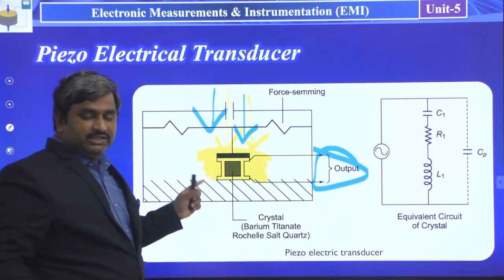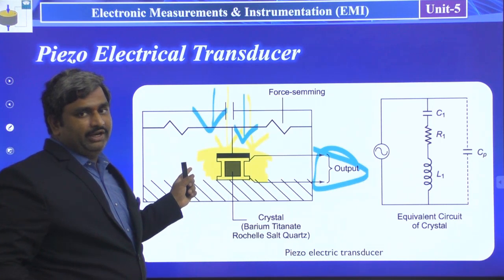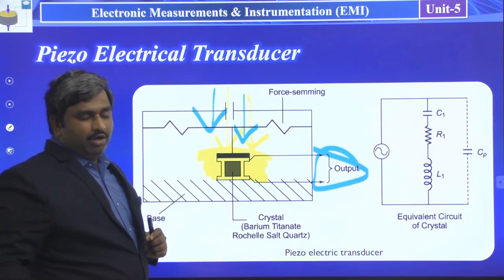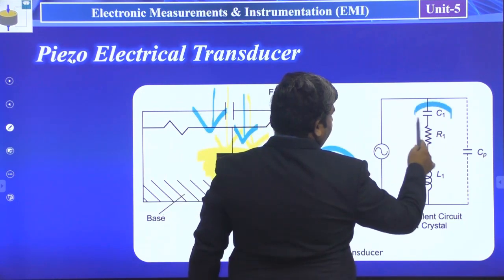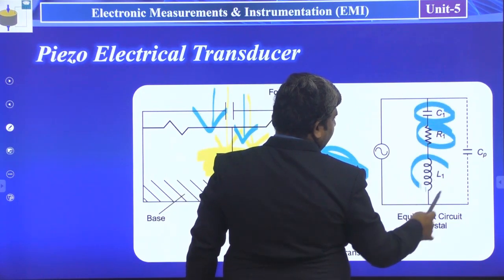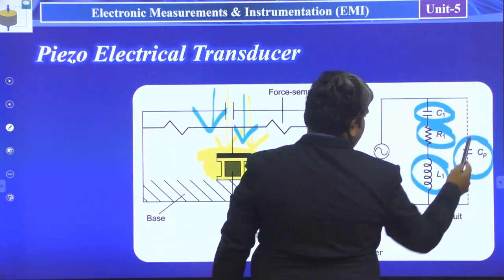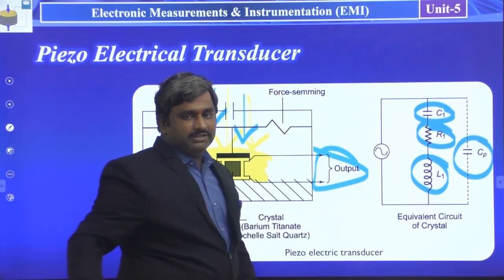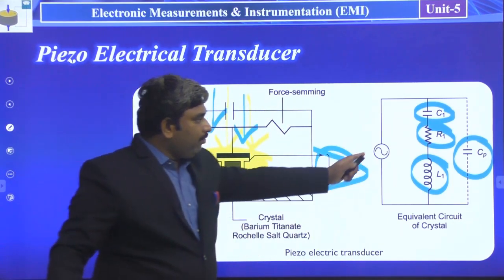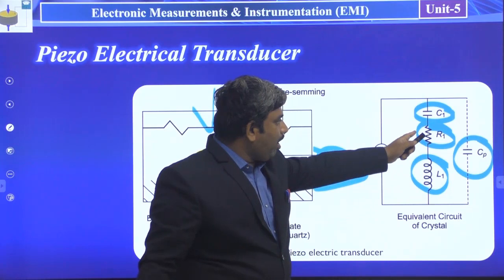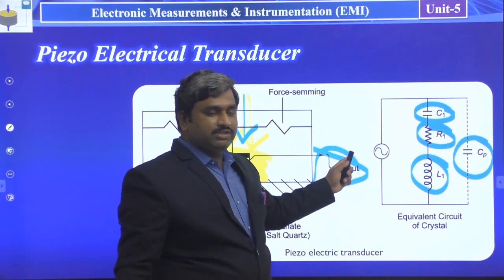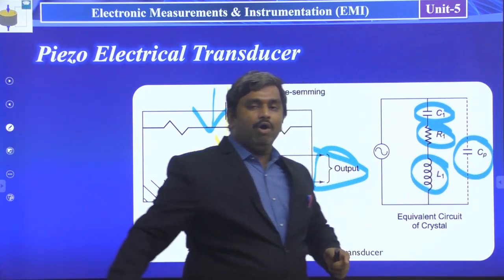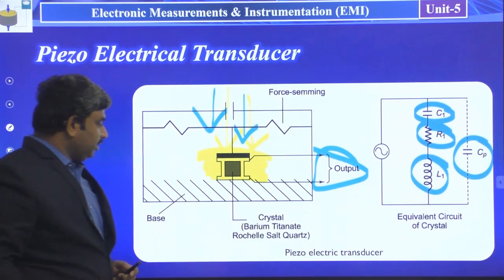Now we will see the electrical equivalent circuit for this piezoelectric transducer. Here we have a capacitor, resistor, inductor, and a parallel capacitance parameter also. We have R, L, C in series combination, and here we have a source, and the output capacitor Cp.